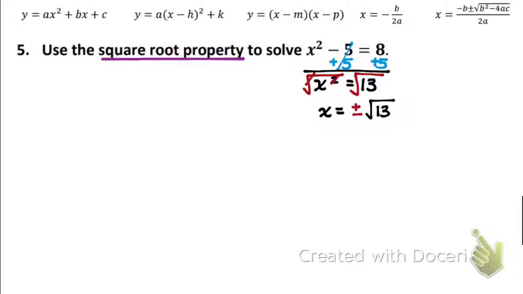No. Can we break it down at all to see if there's any perfect squares in there? What multiplies to 13? 1 and 13. This is as broken down as I can get it. So x is equal to the square root of 13, or x is equal to negative square root of 13.